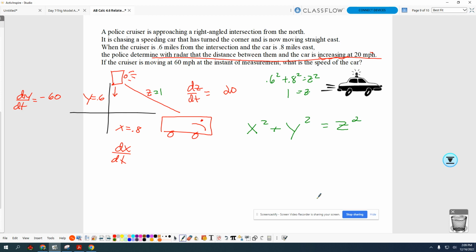For all of those static lengths together, this will be true. But it's moving. Everything's moving over time. So what is the derivative of this whole thing, each of them with respect to time?